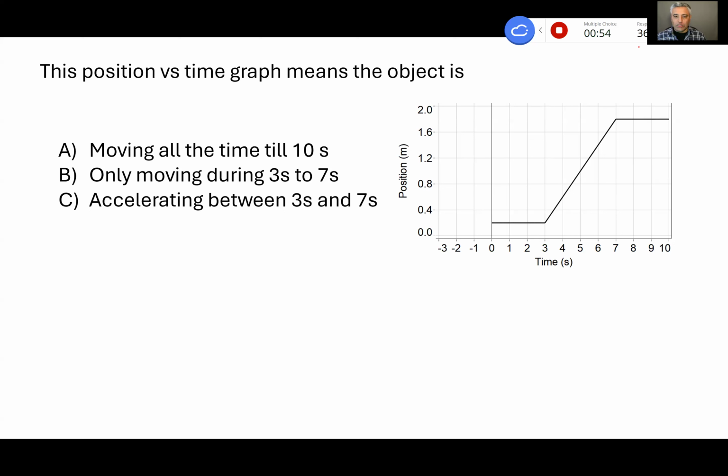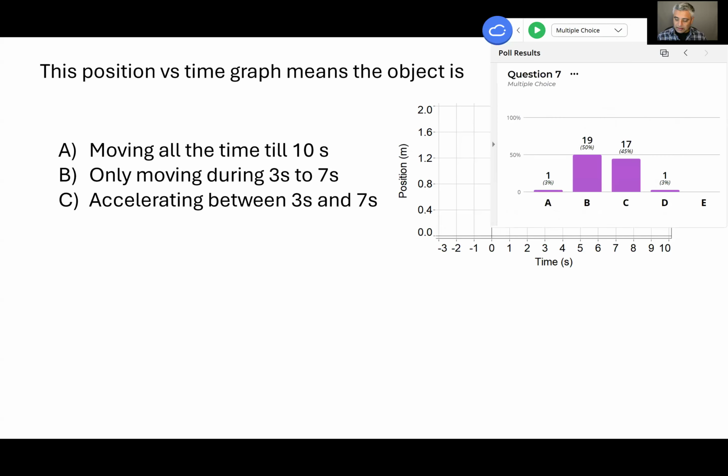And 5 more seconds. 5, 4, 3, 2, 1, and it stops. Okay. Let's see what we got here. We got B and C only moving during 3 to 7 seconds, accelerating between 3 to 7 seconds.